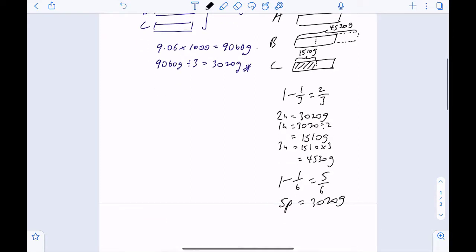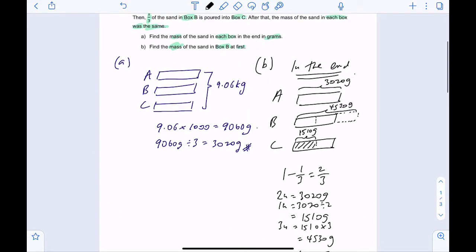is 3020 grams, and let's see how much it actually gave to box B. 3020 divided by 5 is 604 grams. So box A had that additional 604 grams, which it gave to box B. So actually box B does not have this much, it had 604 grams lesser.